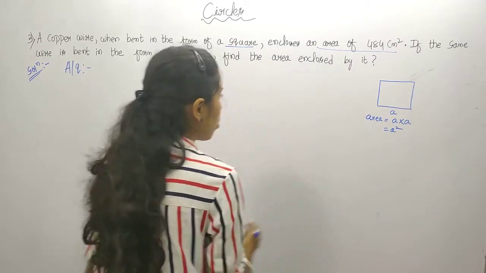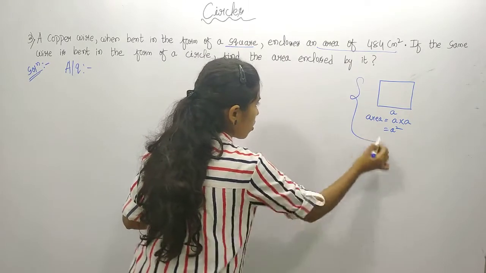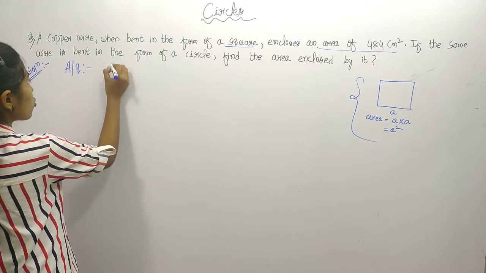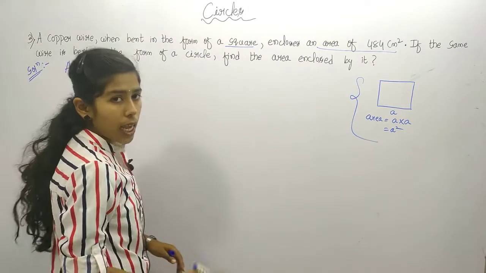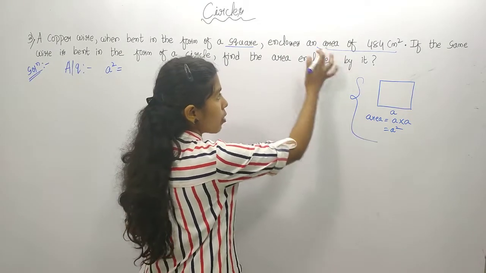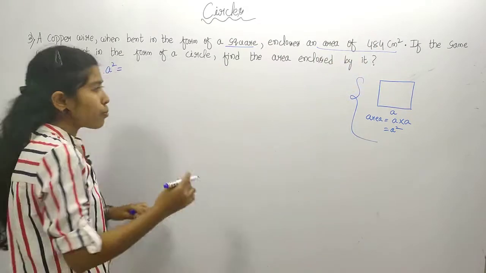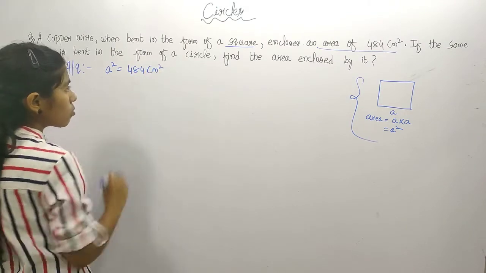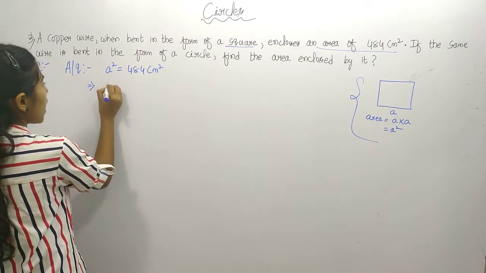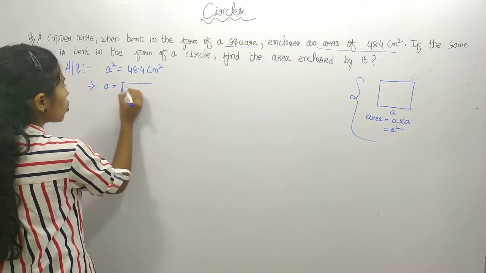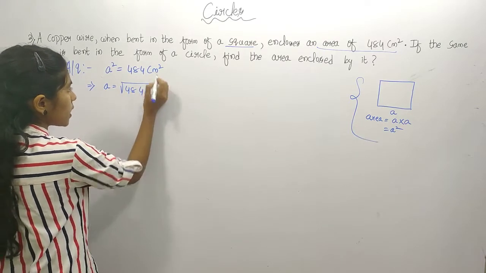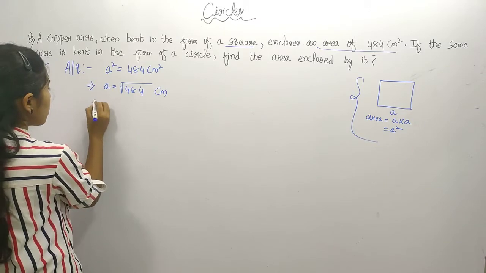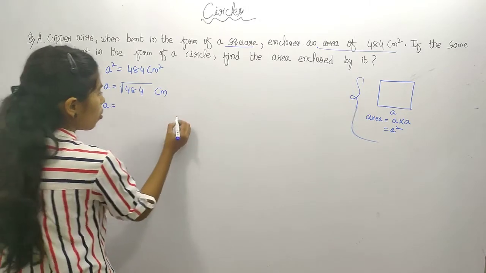Okay, so here according to the question, A square equals how much? Area means here A square, so A square equals 484 cm square. Okay, so that implies A equals root 484 cm square, means cm.